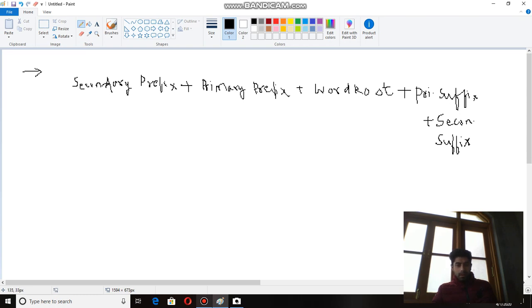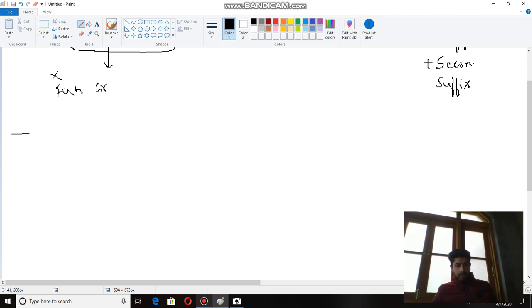Now let's talk of the compounds in which this group is present, secondary suffix. I hope you know these are the compounds which are generally not considered as functional groups. For example, let's take a compound like this, and here one chlorine is present.